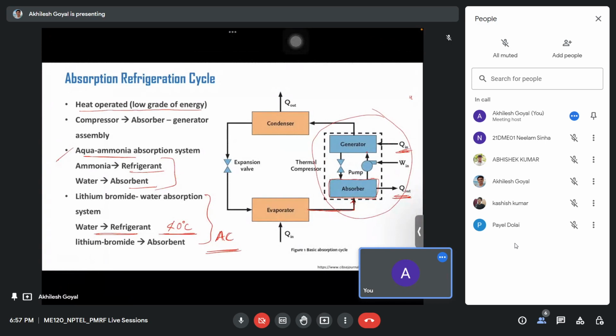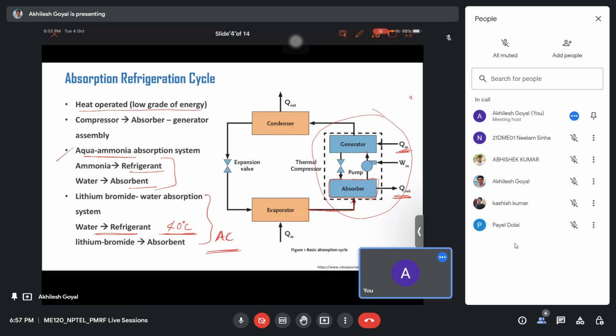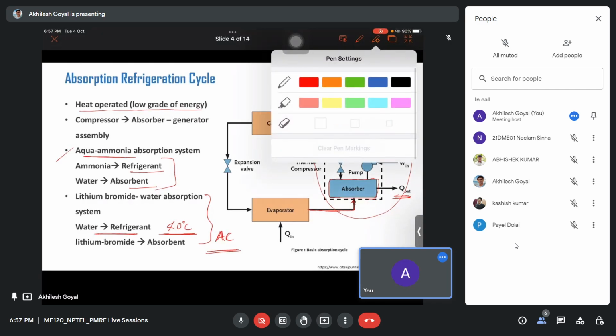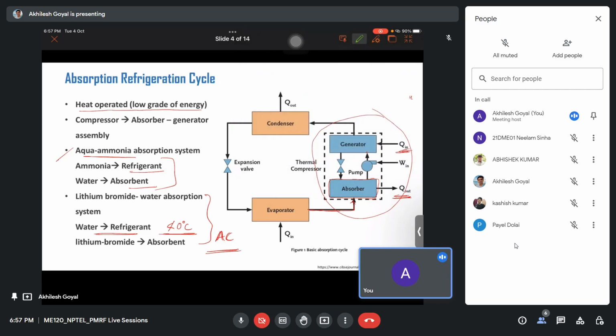Yeah. So this is the absorption cycle. So what happens here is, in the case of ammonia water system, let me change the color. Yeah. So in the case of aqua ammonia or ammonia water system, the low pressure ammonia vapor comes from the evaporator.